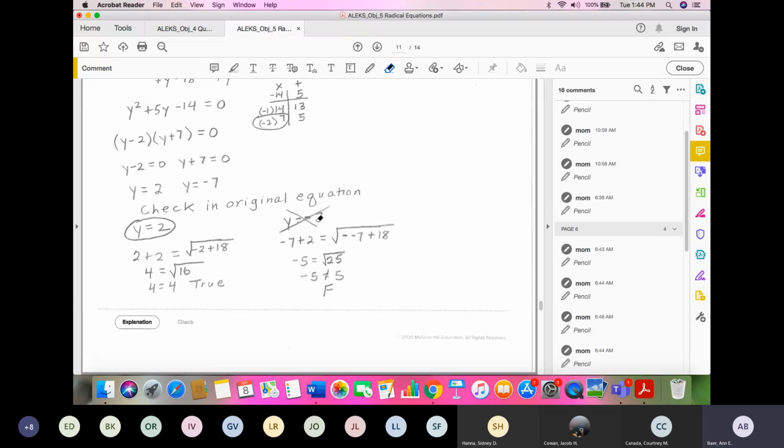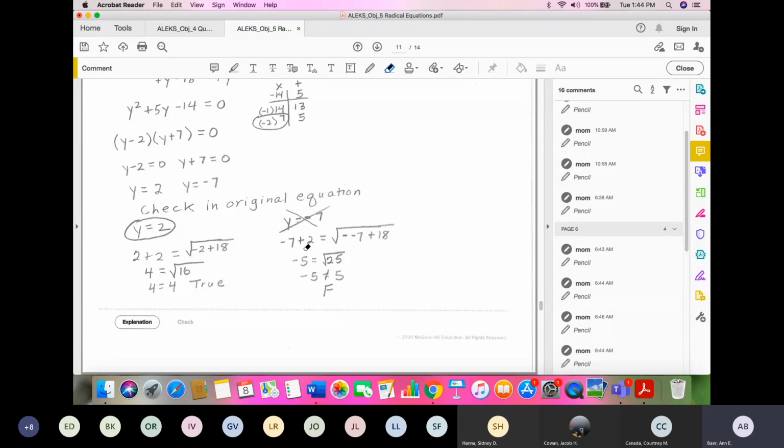We put negative 7 in for y. Plus 2, that's in the original equation, equals the square root of a negative. Then there's a y, but y is negative 7. We're checking y equals negative 7. Plus 18.